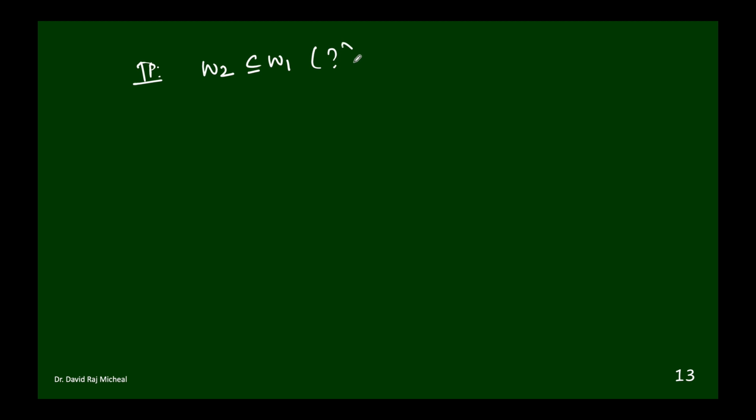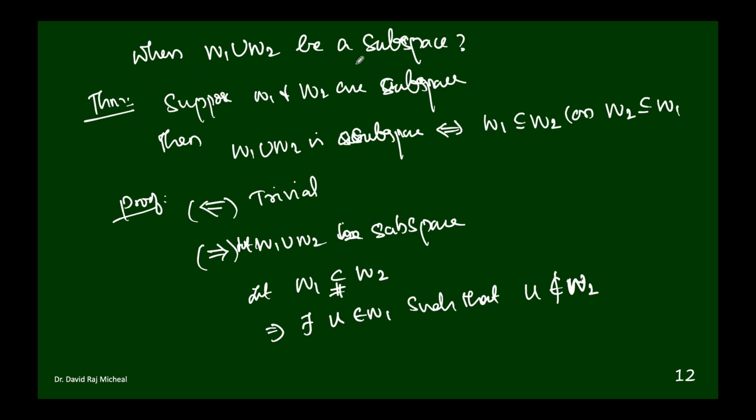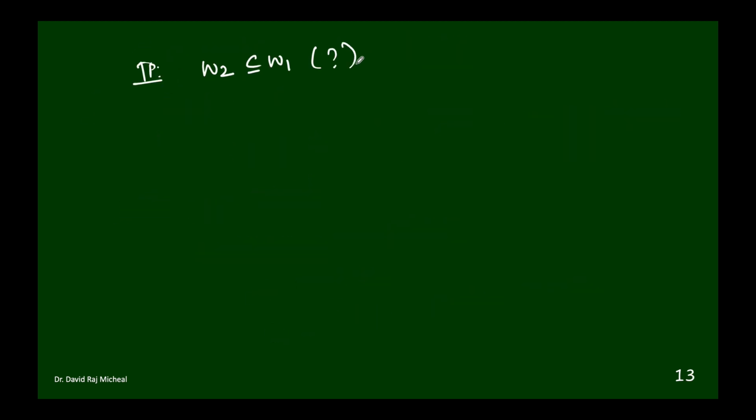Think why. Usually it's not much obvious, but you can think it. It's very simple. Which means I take one element V belonging to W2, then I have to prove that V is also in W1. That's what I have to prove. Okay, how do I prove that?